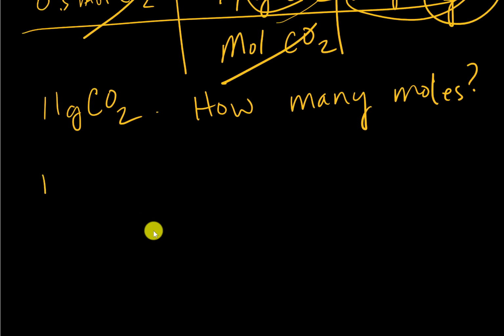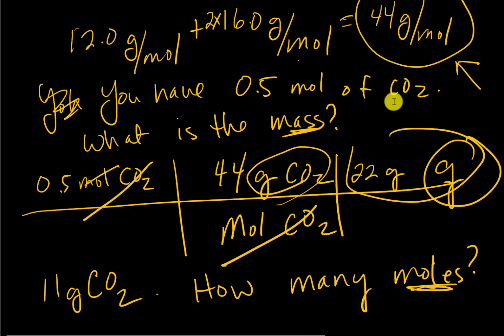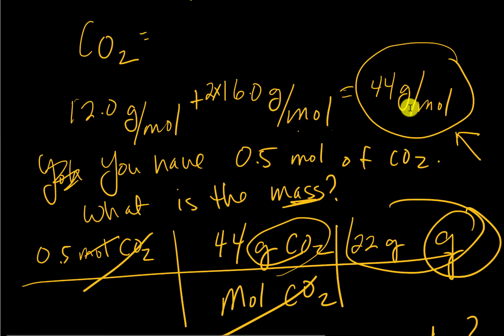All we do is we take 11 grams CO2 over here, we do this nice little brackets thing. Our answer is supposed to be in moles, so we put moles over here. And okay, now we need a conversion factor. We need to cancel out grams because we don't want grams, we want moles. So we're going to put grams on the bottom. Let's see what our conversion factor could be. The exact same thing. We know that the molar mass of CO2 is 44 grams per mole.